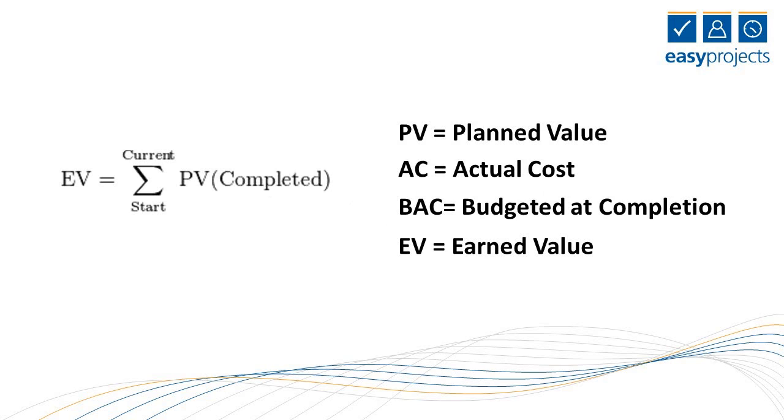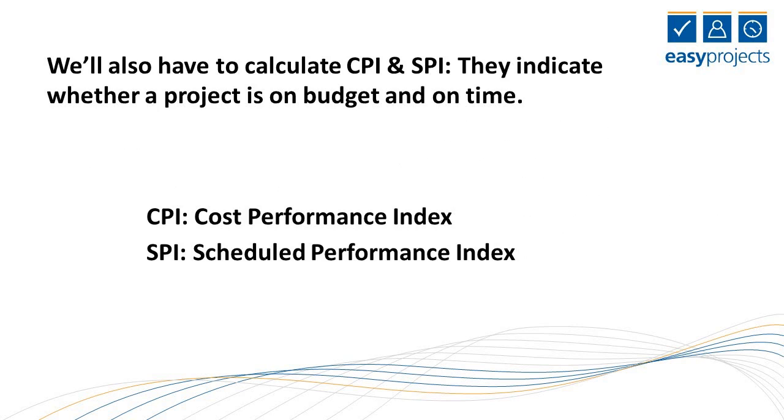This includes allocated total work hours for the project to be completed, as well as the authorized budget. Then there's the AC. AC stands for actual costs, and it is exactly what it says it is, the cost of the work that has been completed thus far. Then we have BAC. BAC stands for budgeted at completion. Finally, we have EV, which is earned value. Earned value is the percentage of work covered by the planned value.